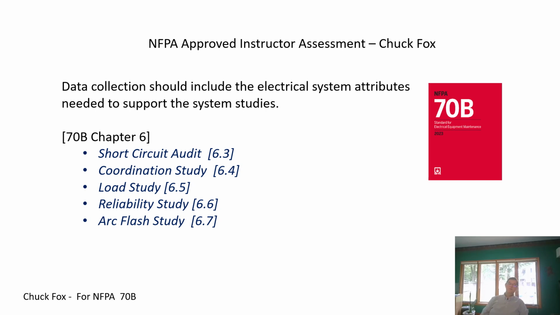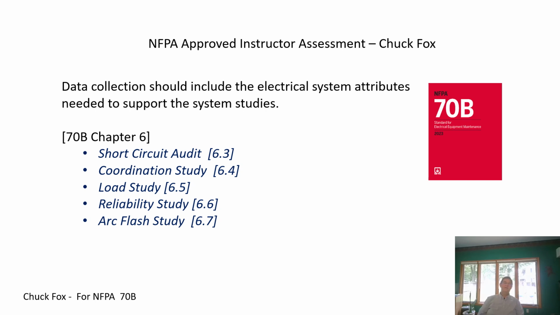So data collection beyond the attributes of the electrical components themselves will also include the additional information needed for the various system studies as outlined in Chapter 6. Specifically, the short circuit study, the coordination study, and the arc flash study are information that has typically been provided historically within an arc flash study.